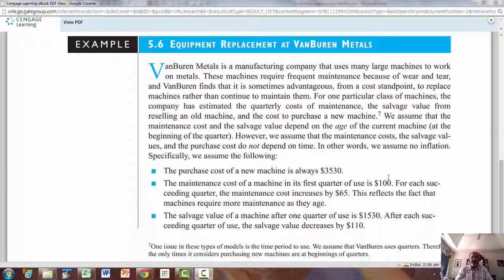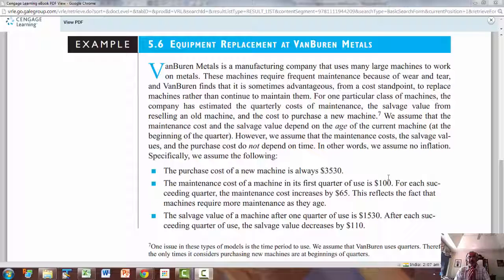So as the machine ages, it requires more maintenance cost per quarter. And the salvage value of a machine after 1 quarter of use is $15.30. After each subsequent quarter of use, the salvage value decreases by $110. So this is the cost structure.